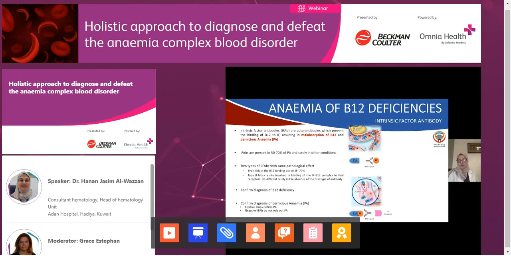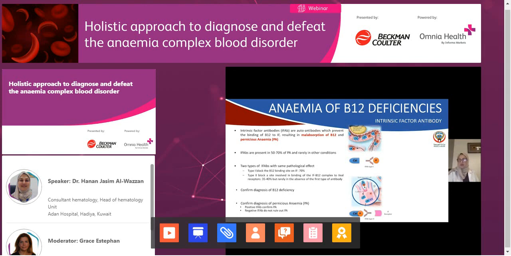And these antibodies do not exist alone. They have to be combined with type 1. So the presence of intrinsic factor antibodies will confirm the diagnosis of pernicious anemia. However, their absence does not rule out pernicious anemia.